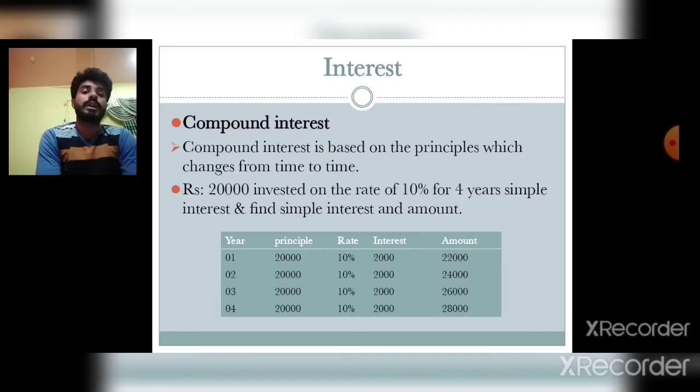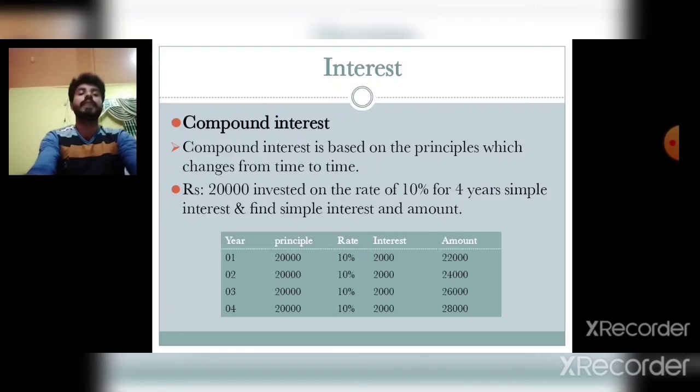So at the end of the first year we have to pay 22,000, and in the second year, the principal of 20,000 at 10% and 2,000 of interest, we would have to pay 24,000. In the third year, 26,000, and in the fourth year, 28,000.